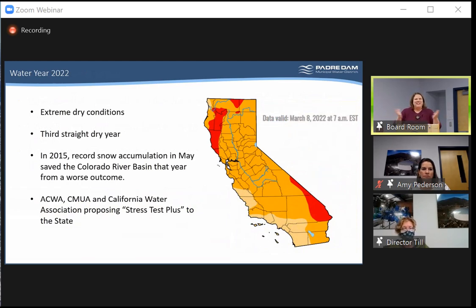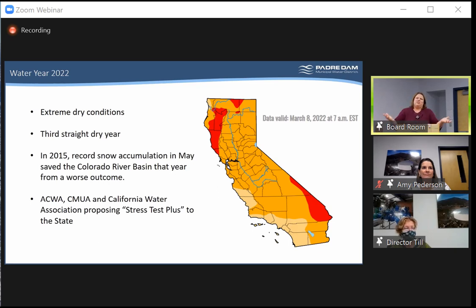So an overview is that we are in our third straight dry year for California, that we do have this stress test plus being proposed to the state, and we'll keep our fingers crossed on the success of that. And then the last bullet point that I have in here on 2015 is just my thrown-out hope and desire that along the Colorado River Basin, they had record snow accumulation in May that saved them from an even worse outcome for that particular year.